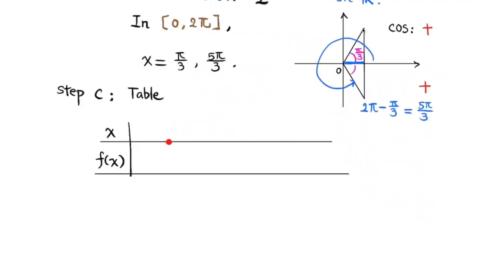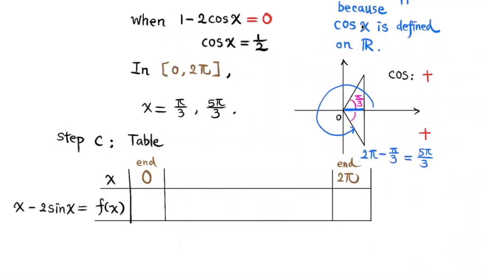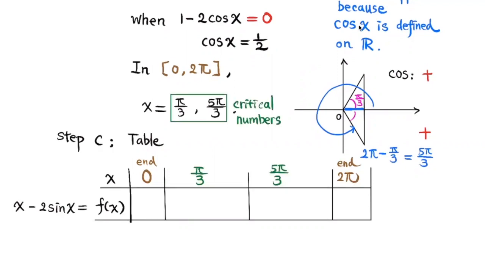The first row will be for those x values. The second row will be for f of x values. And we put the two ends of this closed interval at the two ends of this table. We put the two critical numbers in this table.